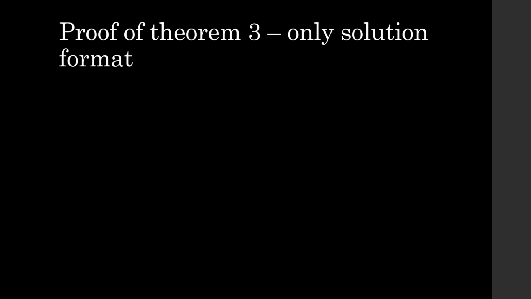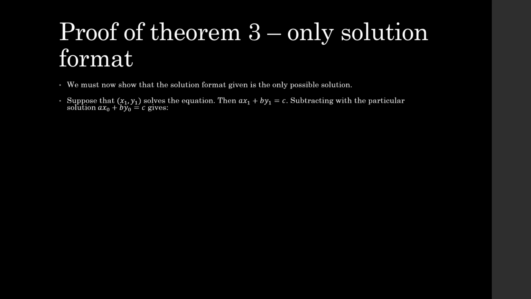And so now let's show that it's the only solution format, that any solution needs to fit that format. That's the last part of the proof. So suppose that we've got some other solution, x1, y1. Then by definition, ax1 plus by1 equals c.